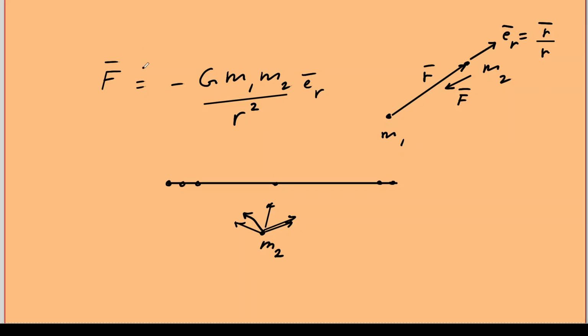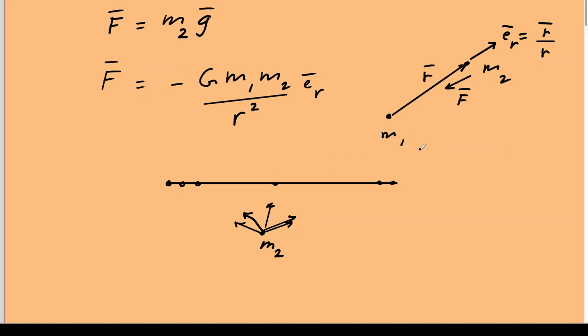And also, another thing, sometimes we are writing like this, mg, right? So, let's say m2 g. For example, if this was Earth and this is you, then the force is your mass times the g field, right?